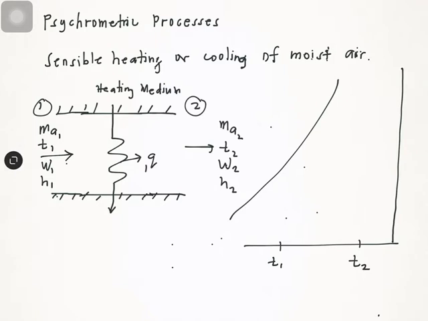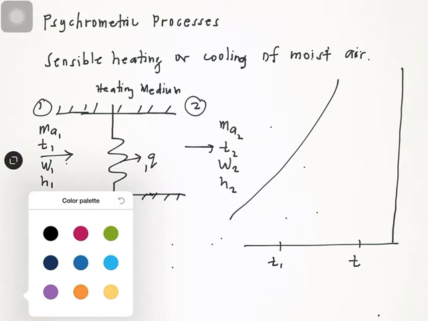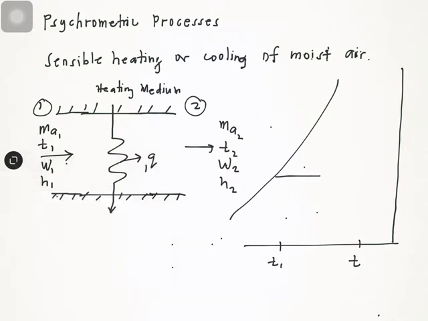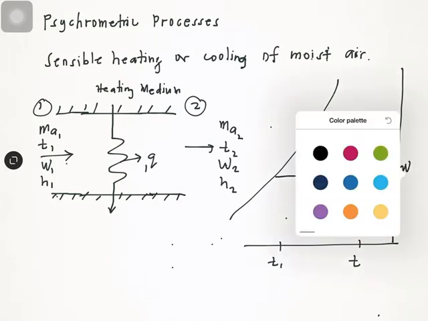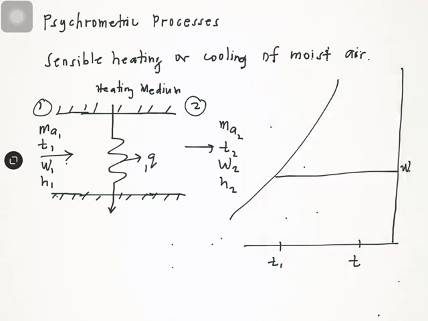This is our constant humidity ratio, W1 equal to W2.